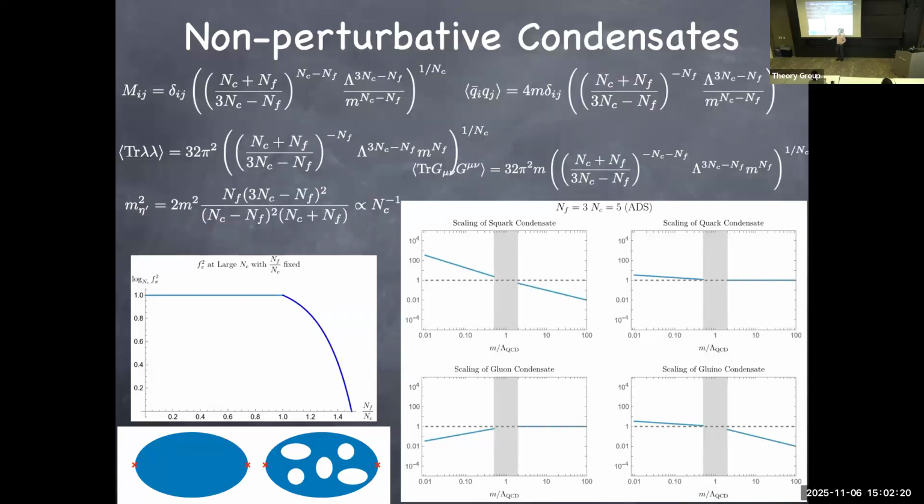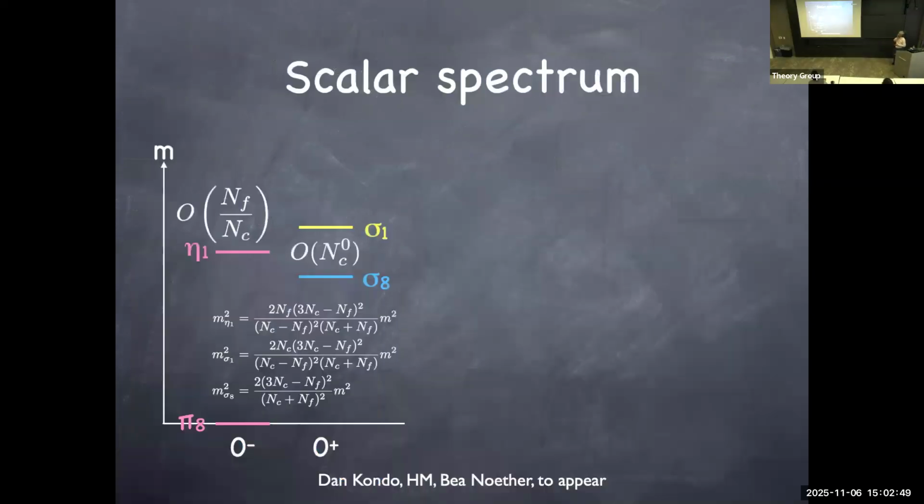In the large NC limit, you only talk about these planar diagrams where the quark loop is filled with a bunch of gluons in between. But when NF is also large, you have to consider these punctured planes too. And this expression captures all of these contributions as well. So the fact that the behavior starts to deviate from the large NC limit when NF is large is not surprising. And you can see that that's indeed what happens.